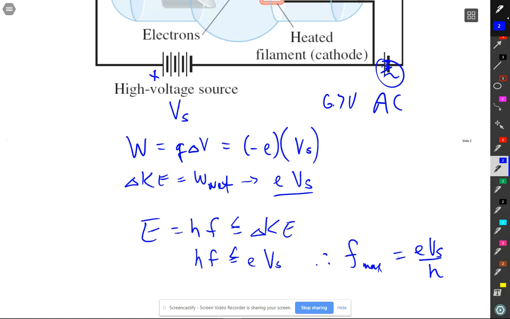Okay, I'll give it to you. It doesn't have to give all of its energy to one photon. It could, for instance, have a couple collisions, lose a little energy along the way. And so it could give any energy that's lower than that. So you can have any frequency that's lower than that, but that's the maximum frequency it could give off.